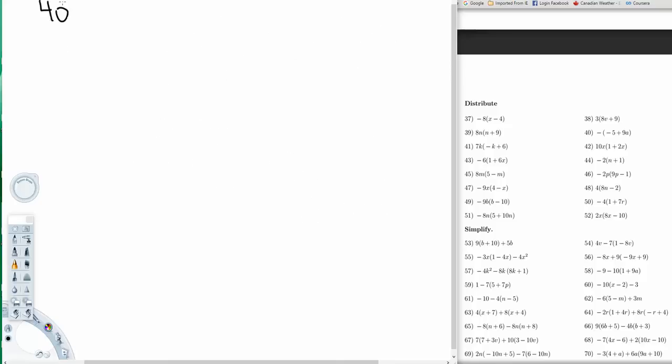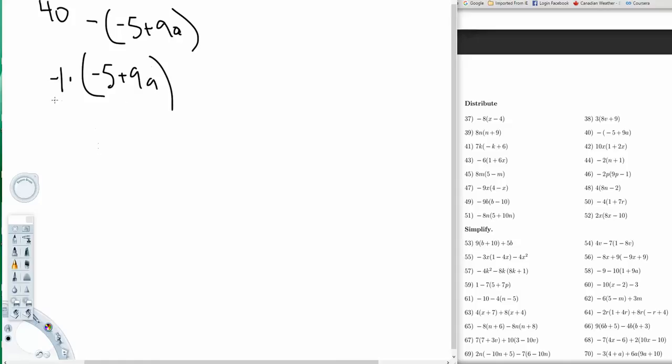Number 40 now. Minus, oh, look at those little ones. Make it tricky. Plus 9a. All right. So, anytime you see a negative sign next to a bracket, what they're really saying is minus 1 times minus 5 plus 9a. So you take this, you multiply it by this, and then you take this and you multiply it by this.